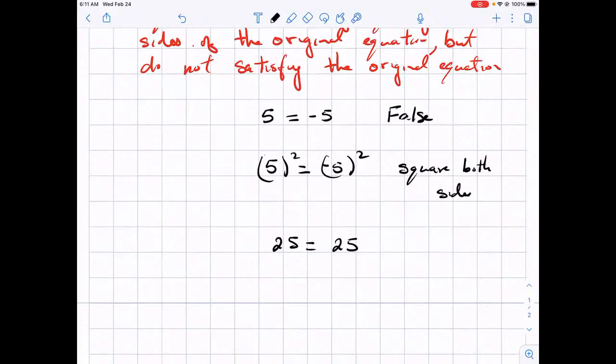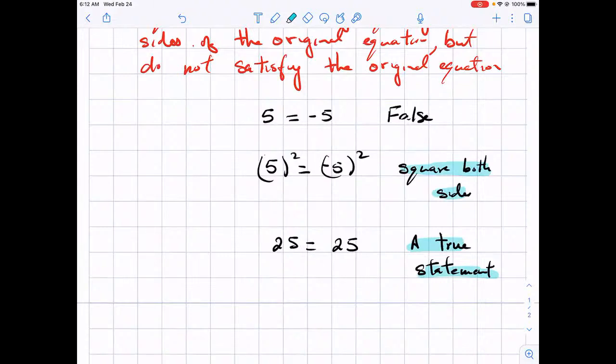So as you can see, something that's false actually became true. By squaring, we end up with a true statement, and that's what we have to be careful about.